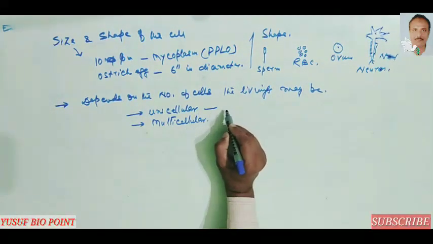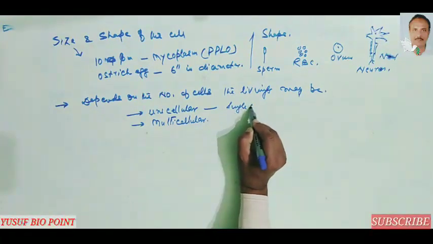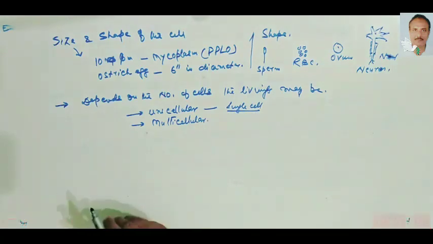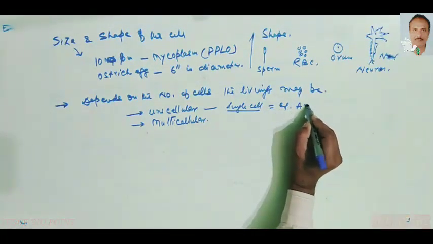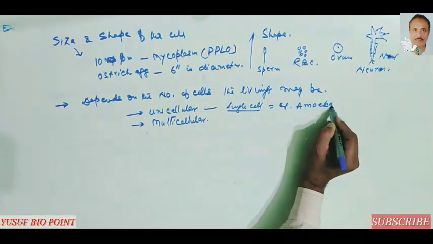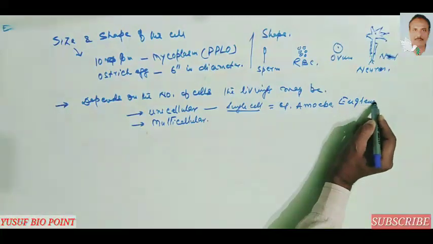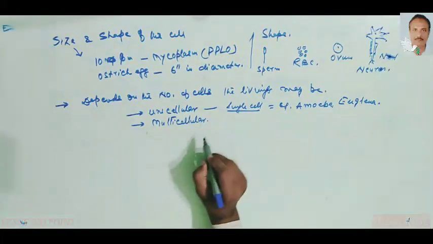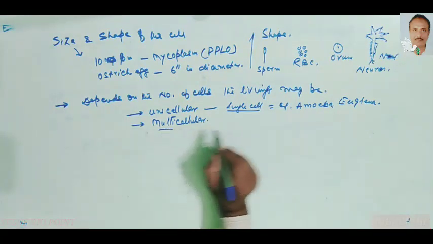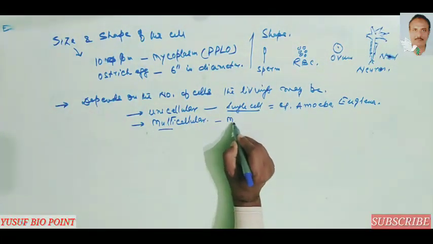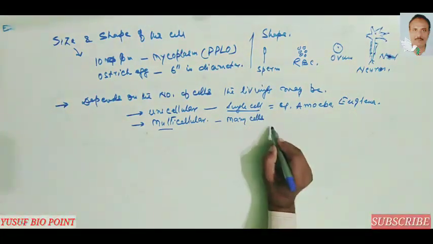Unicellular means composed of a single cell, for example amoeba, euglena, etc. Multi means many, uni means one, so multicellular means composed of many cells.